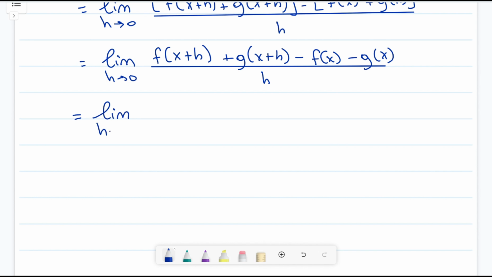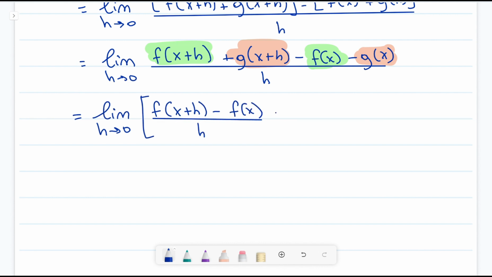Which becomes the limit of, here, as you might see, we have f of x plus h minus f of x, and we have g of x plus h minus g of x. So we can split this into two fractions. Let's do that. So we have f of x plus h minus f of x divided by h plus g of x plus h minus g of x divided by h.